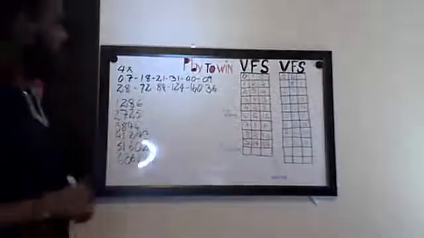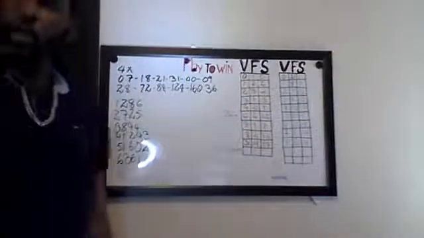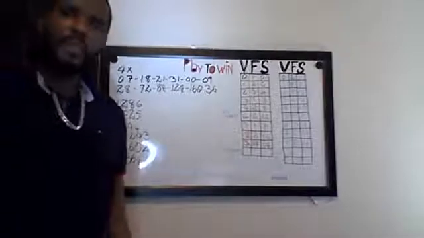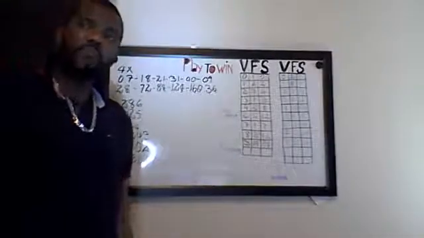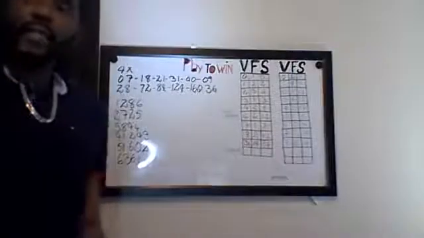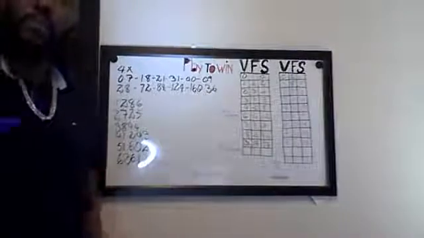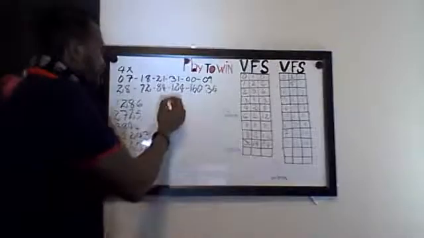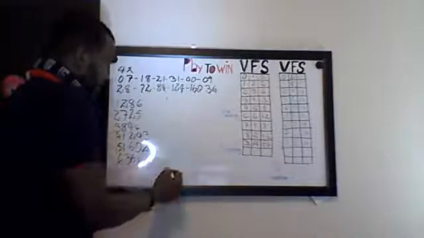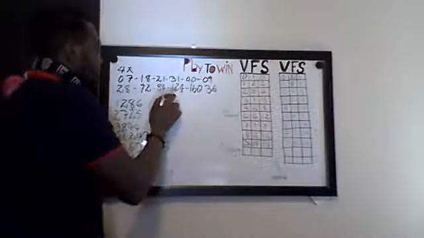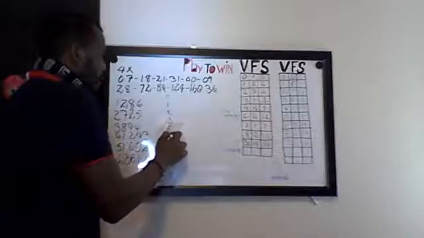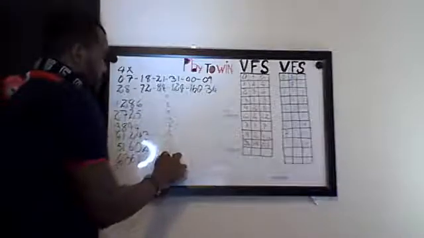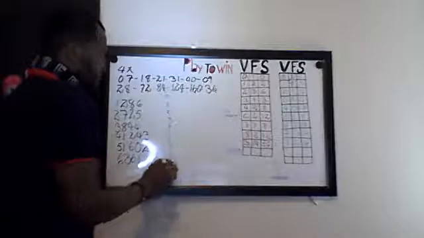And then when you're done, you look at the value to see if any number is missing, because the numbers are supposed to be 0, 1, 2, 3, 4, 5, 6, 7, 8, and then 9.